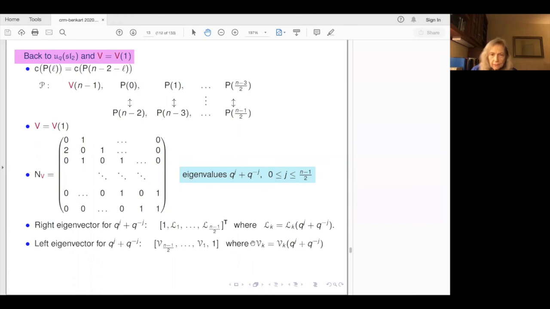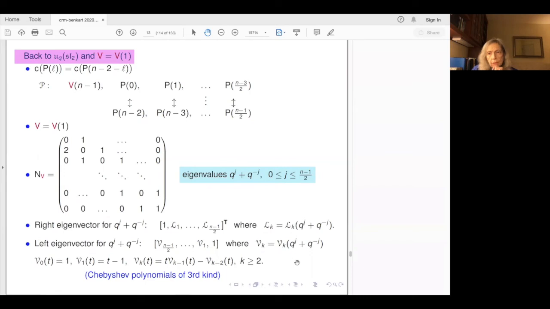And the left eigenvectors are given by polynomials, evaluating polynomials at the eigenvalue, that are given by these formulas. So again, this is very much like the Chebyshev polynomials of the second kind. The only difference is this V1. V1 is, instead of being T, is T minus 1.